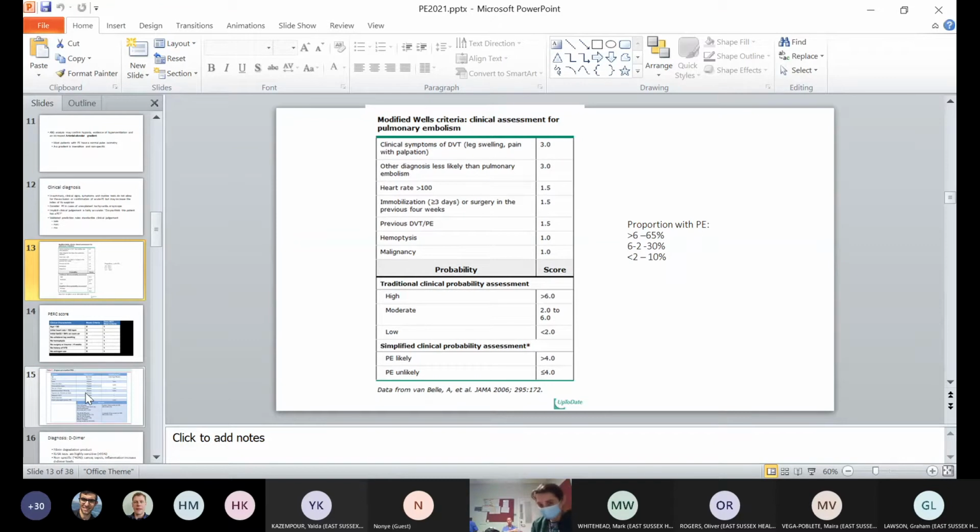We're using the Wells score criteria of 4 at the moment. If it's equal to 4 or below, PE unlikely, you ask for D-dimer. If it's more than 4, you go to CTPA.